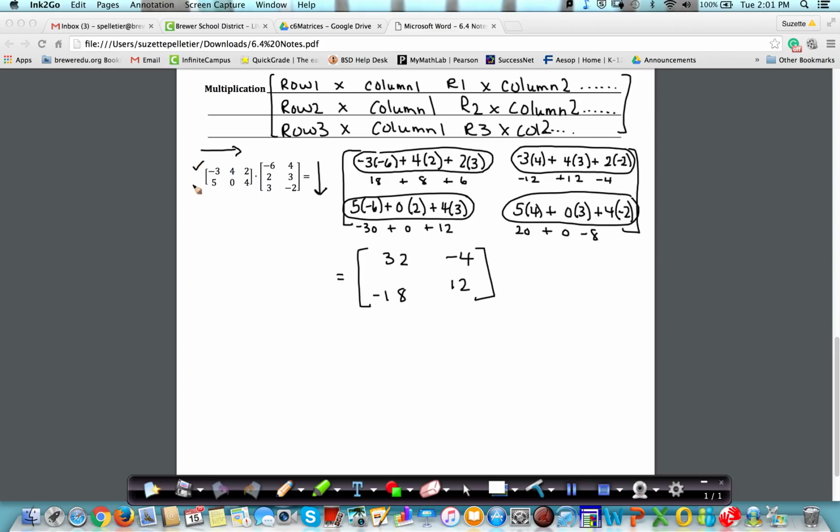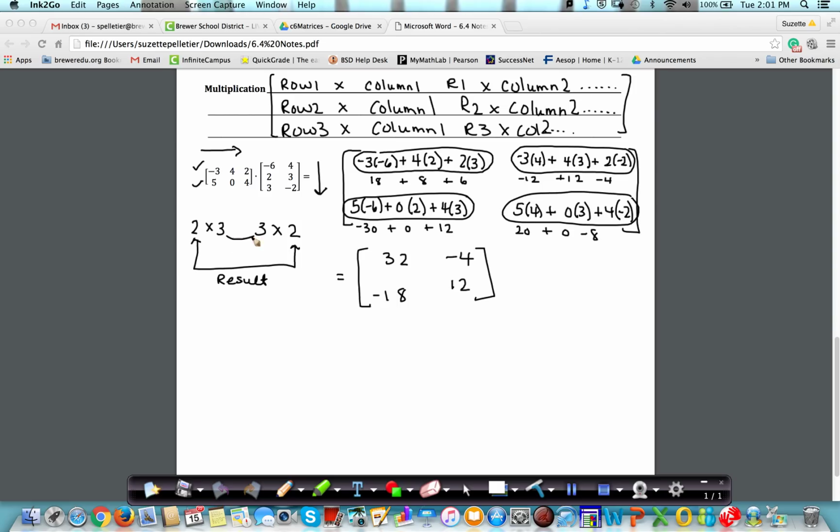So row by column, row by column. First row by each of the two columns, second row by each of the two columns. And I want you to look at the dimensions of the answer. It is not the dimension of either one of these. The dimensions of this first one is a 2 by 3, 2 rows by 3 columns. This is 3 rows by 2 columns. What I want you to notice is that your resulting matrix is a 2 by 2.